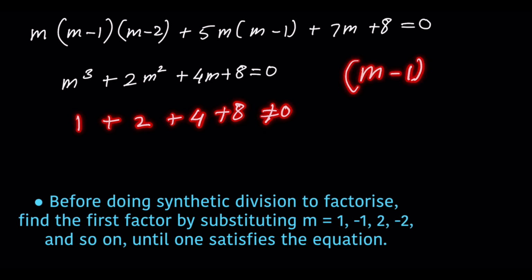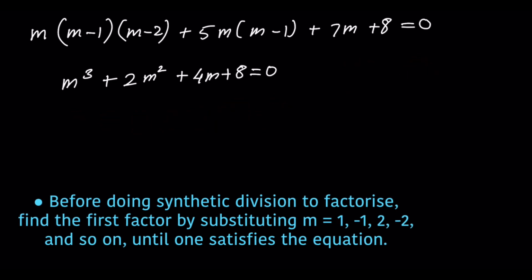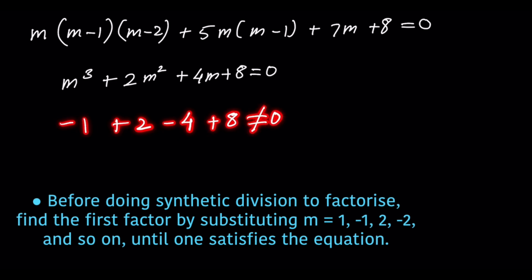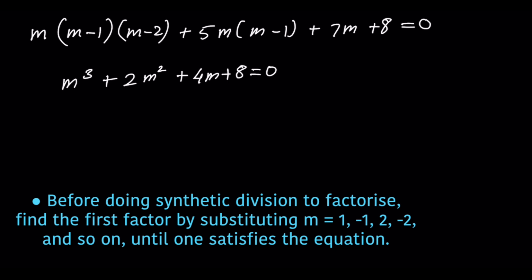So m minus 1 is not a factor of this equation. Let's try m plus 1. This is also not equal to 0, and it is not satisfying. So let's try another values of m.